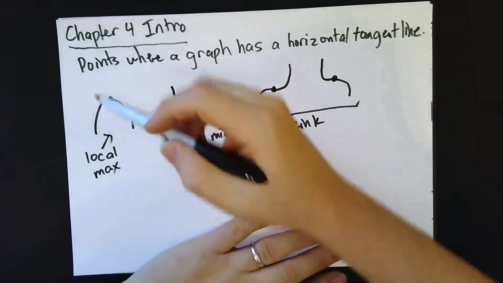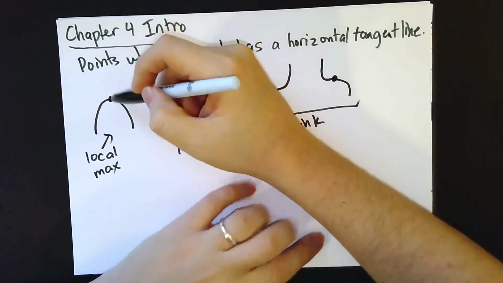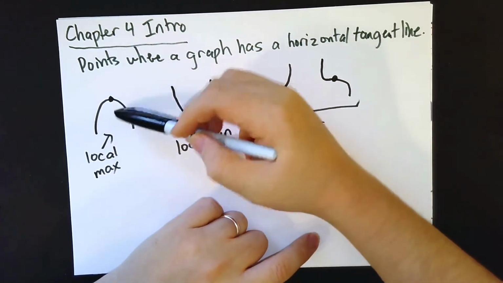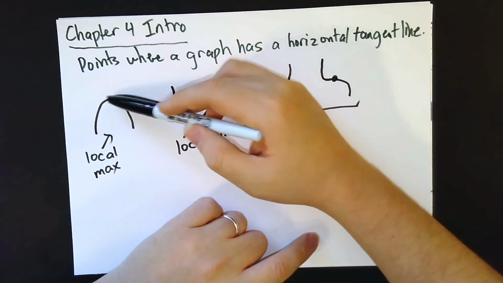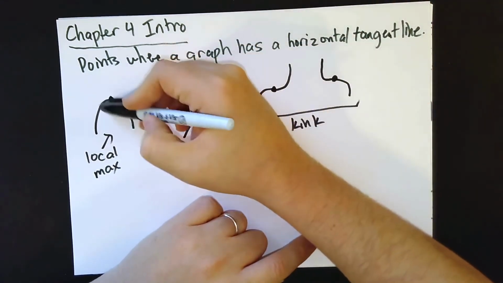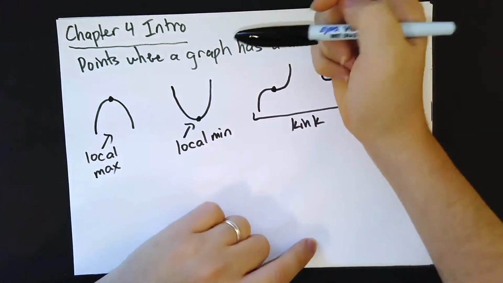Why am I calling this a local max? I'm calling it a local max because the value of this function is the biggest here, at least of nearby points. Maybe the graph does something like spike over here and it's not actually bigger, but as far as points nearby this point, this is the biggest value. Hence the maximum.